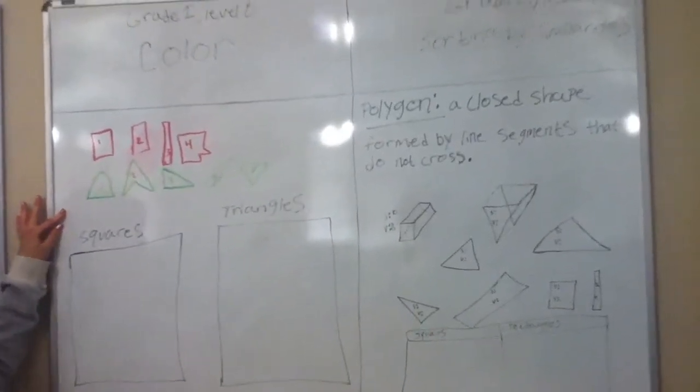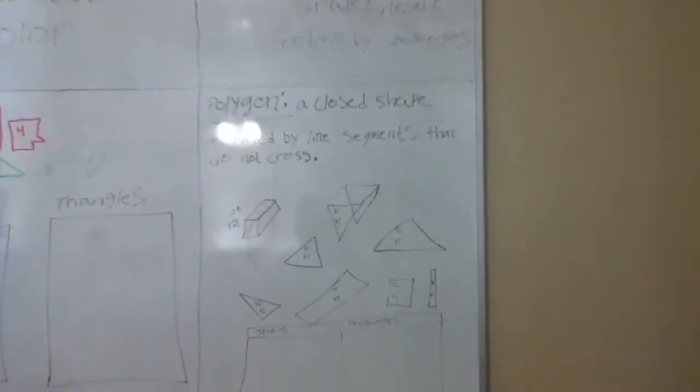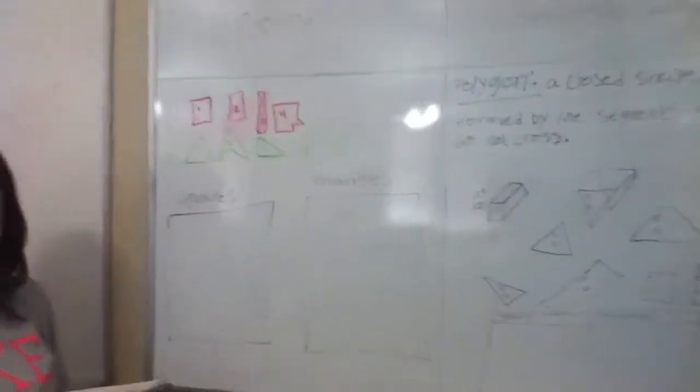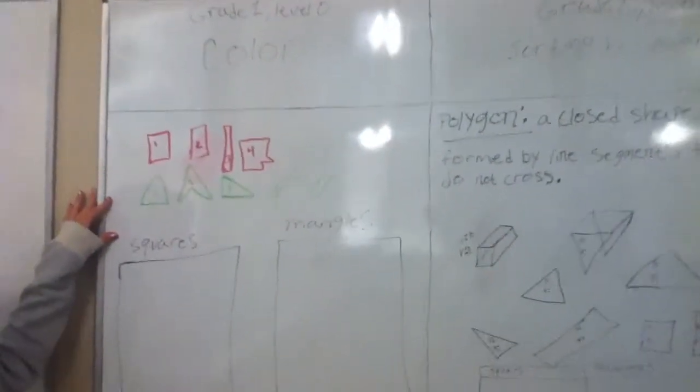And level 1 is analysis. This is when the student understands that shapes are defined by their properties. For example, at level 0, a student might say a square is squished together when it's a rectangle.